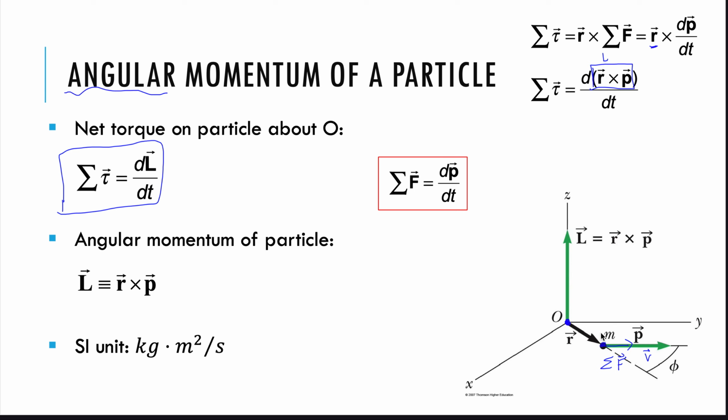If we look over here at our drawing again, if you take the cross product of r cross p, you put your fingers in the direction of r, you fold them in the direction of p, your thumb should point upward along the z-axis. That's the direction of L. The units for the angular momentum are kilograms times meters squared per second. That just comes from r, which is meters, and p, which is mass times velocity, kilograms times meters per second.